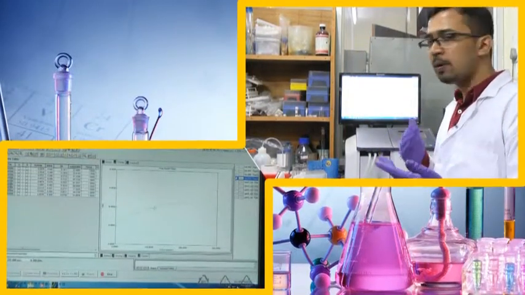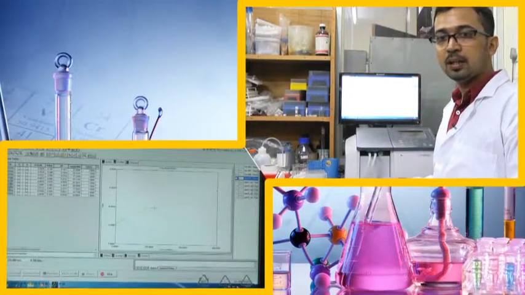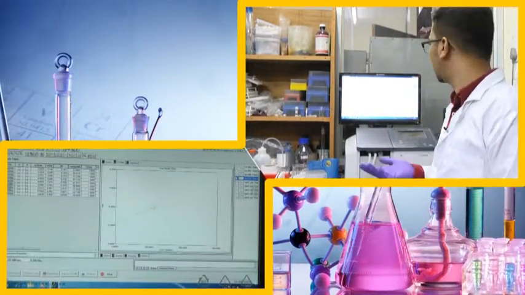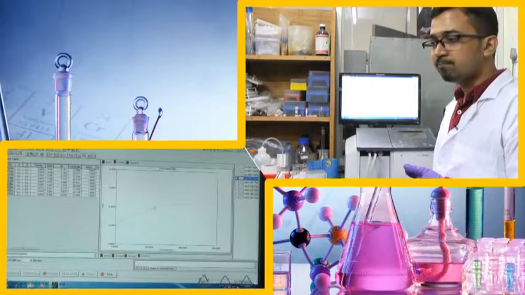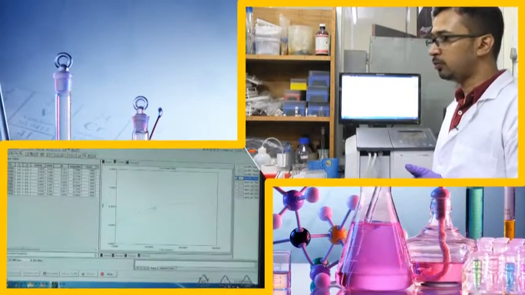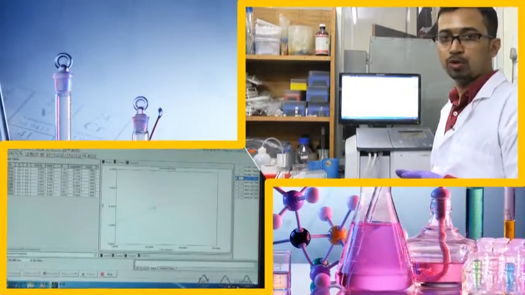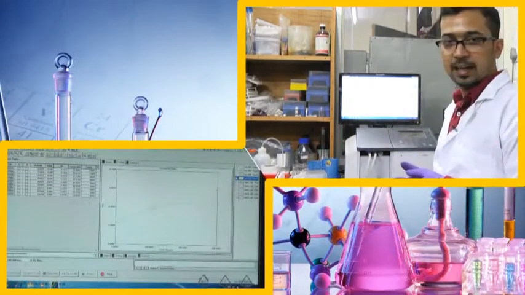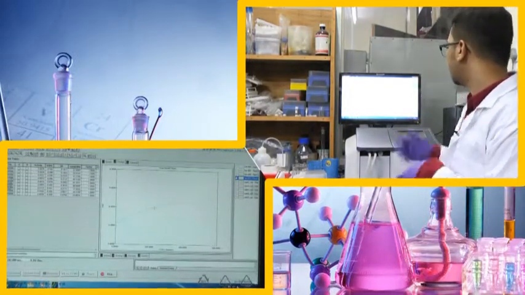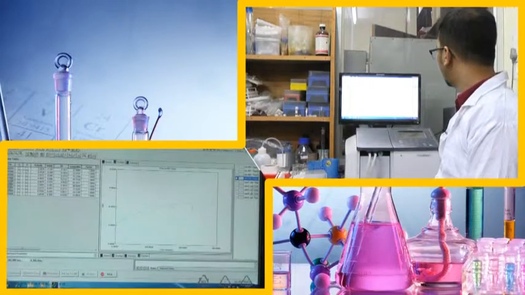So, manual error might occur. It is expected that manual error might take place. In order to avoid those manual errors, some other techniques should be introduced to study the kinetics. Okay. So, here we can see saturation has started occurring.